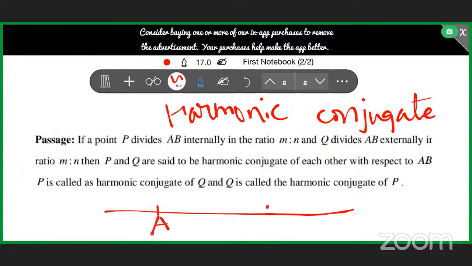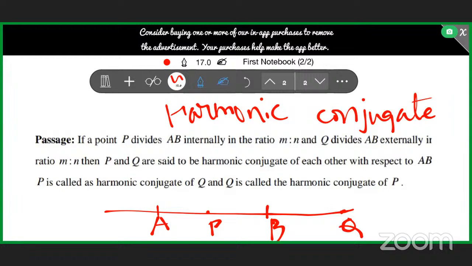This is my A and this is my B. Point P divides the line AB internally, and point Q divides the line AB externally in the ratio m is to n. Then P and Q are harmonic conjugates of each other.